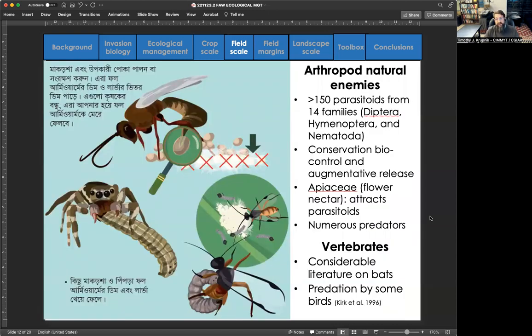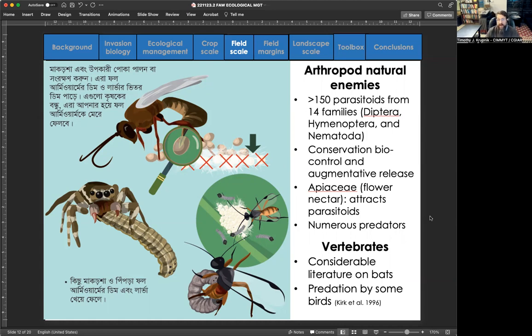Again, at the field scale, it's important to think about natural enemies, and these can be both arthropod insect natural enemies. There are more than 150 parasitoids from 15 families, including Diptera, Hymenoptera, and even nematodes, that contribute to efforts around conservation biological control, or can be used in augmentative releases for control of fall armyworm by a range of species.